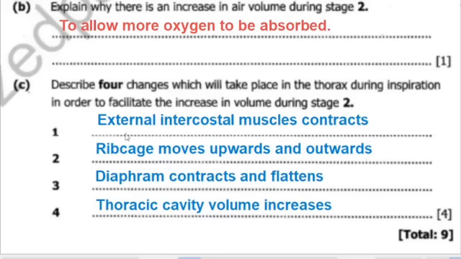Number 1, external intercostal muscles contract, the rib cage moves upwards and outwards, the diaphragm contracts and flattens, the thoracic cavity volume increases. So when this thoracic cavity volume increases, the air moves into the lungs from the outside where there is high pressure to the inside where there is low pressure.